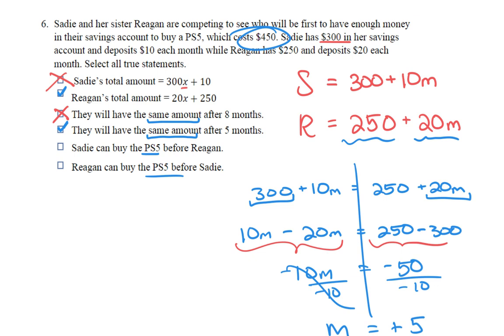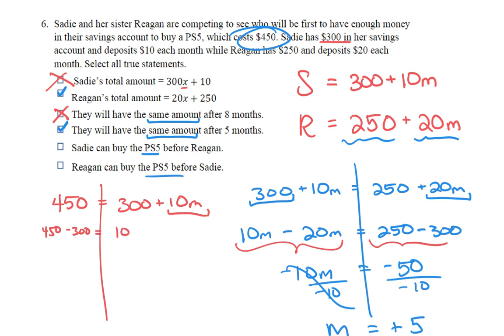All right. So let's start with Sadie. Sadie wants $450 so she can get that PlayStation. And here's Sadie's equation. All right, so I already have all my m's right here on the right side. I just need to move that 300 to the other side. So I'll do 450 because it's already there, and I've got to move that 300 over.